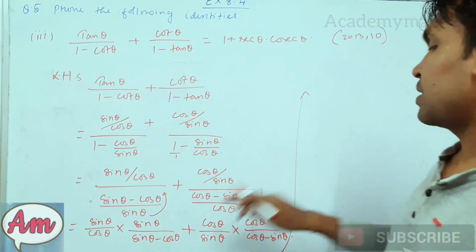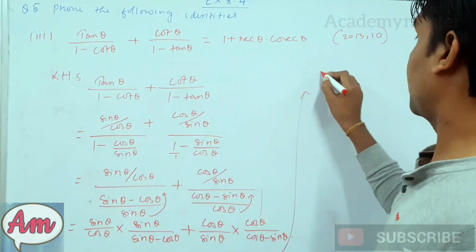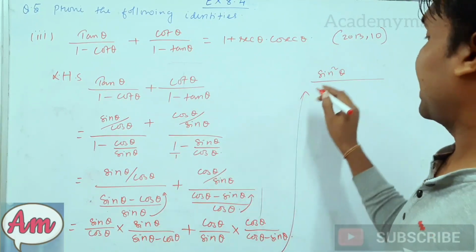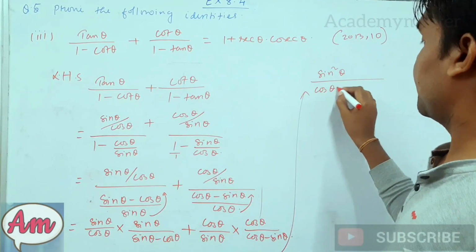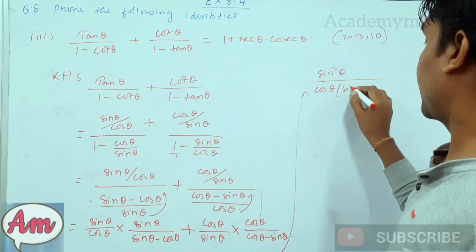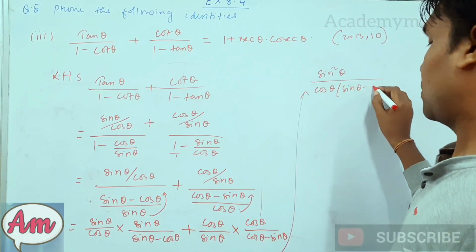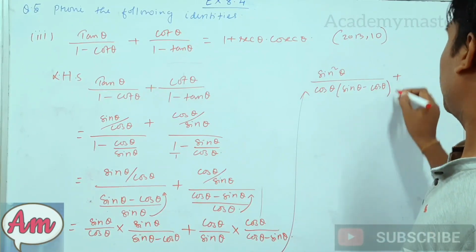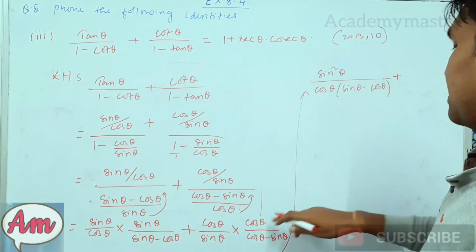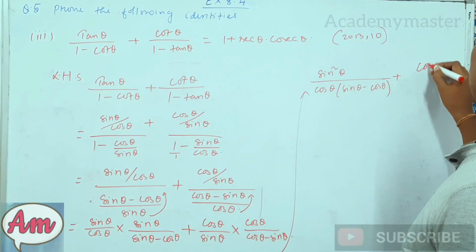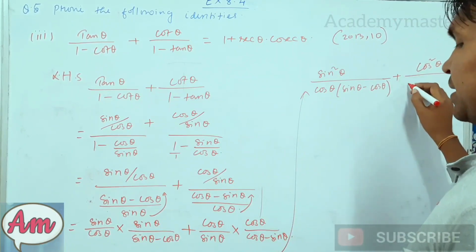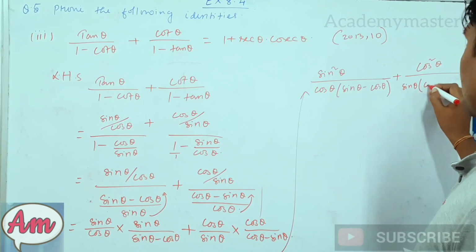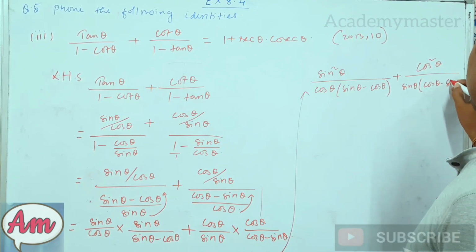So next step, you can see sine theta into sine theta. It will become what? Sine square theta. And downside you keep as it is, cos theta into sine theta minus cos theta. Okay. Plus upside it will become cos theta into cos theta, or cos square theta, by sine theta into cos theta minus sine theta.